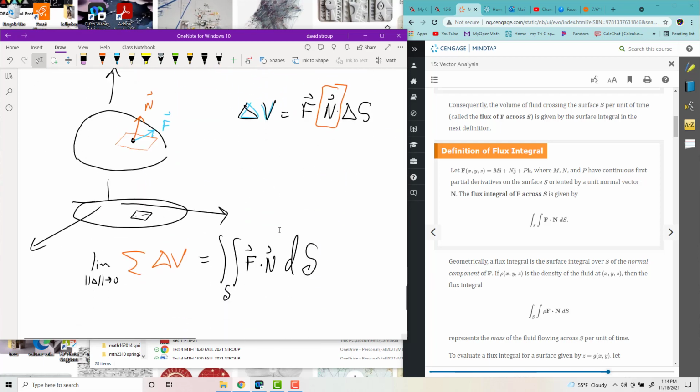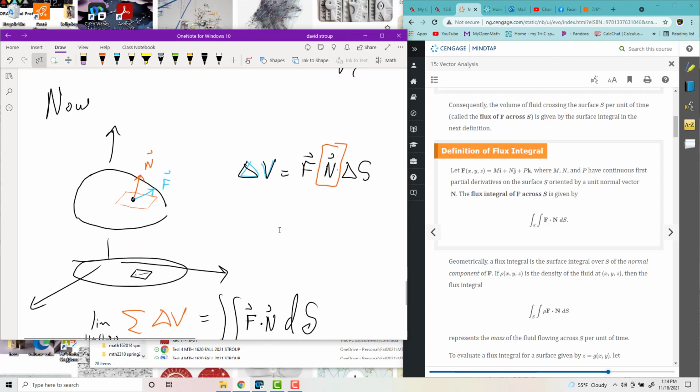You can think of it as, if this surface represented maybe a membrane, the flux integral will measure how much fluid would be going through that membrane, where the force field would be representing a fluid moving across some sort of membrane.